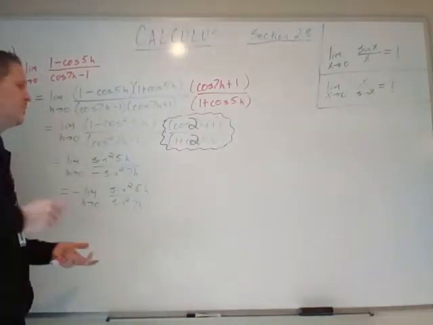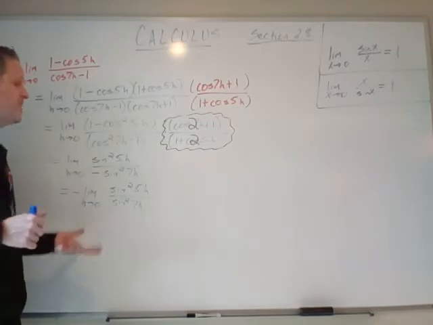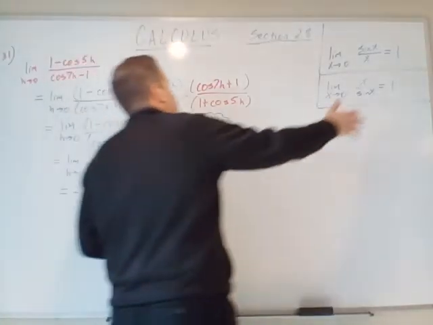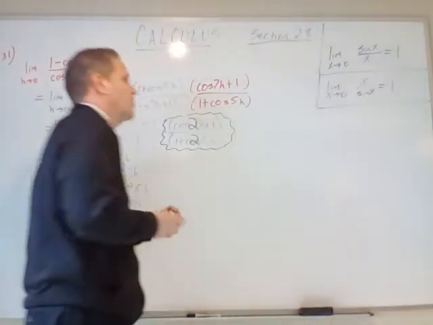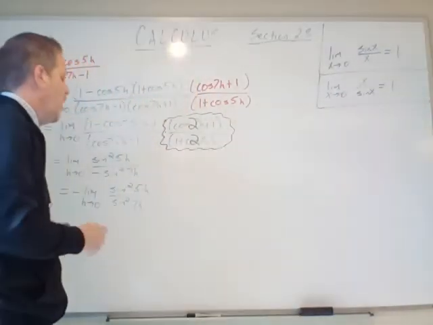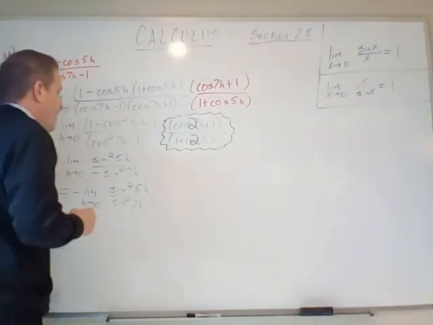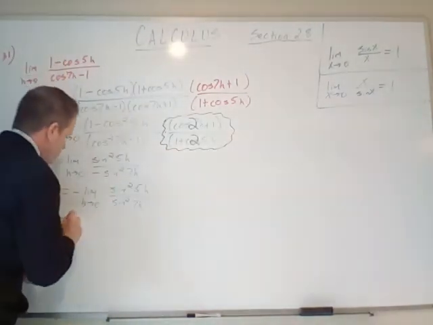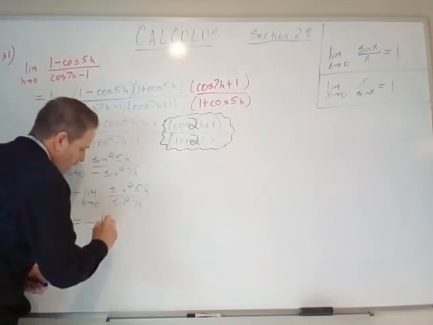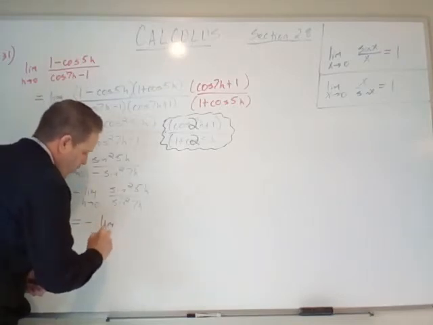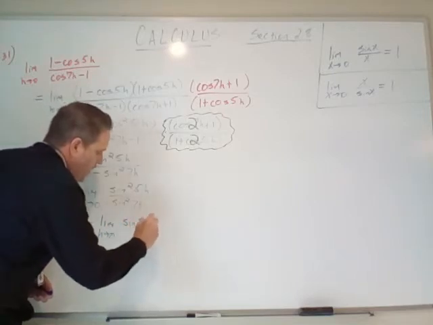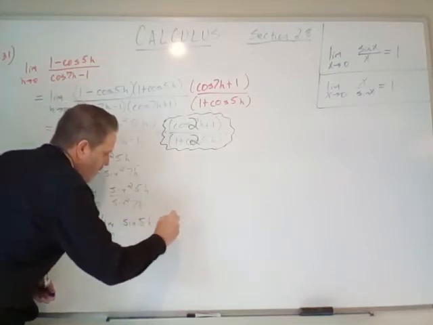Now it is just going to be a matter of matching these up to our theorem at 0. Sine of x over x is 1. x over sine of x equals 1. Okay, that means then, don't forget about this negative sign, so I have the opposite of the limit as h goes to 0. I've got the sine of 5h times the sine of 5h.